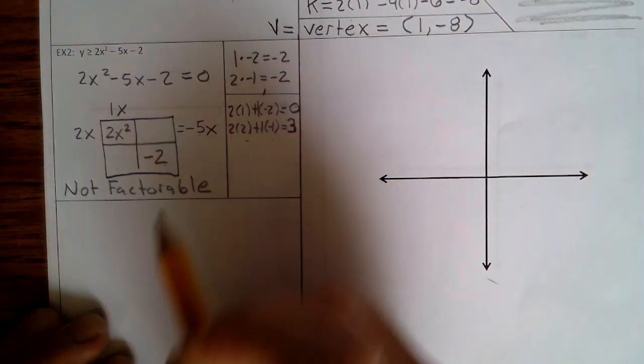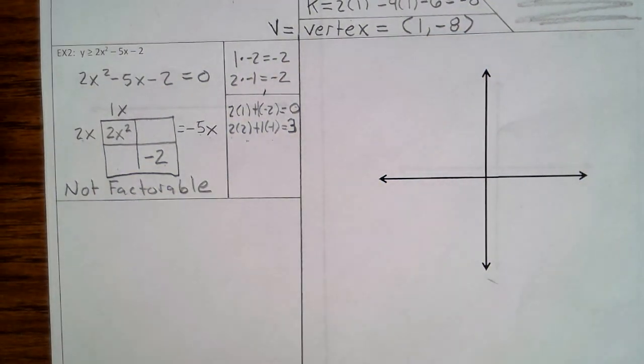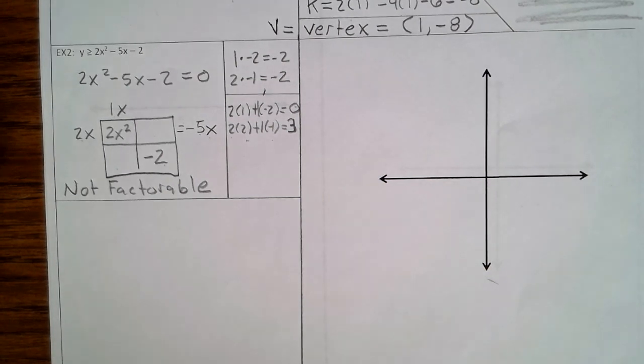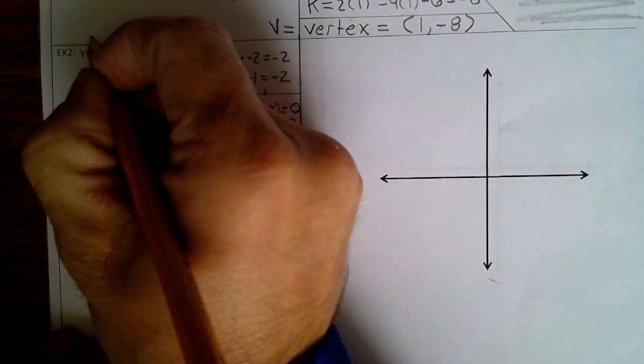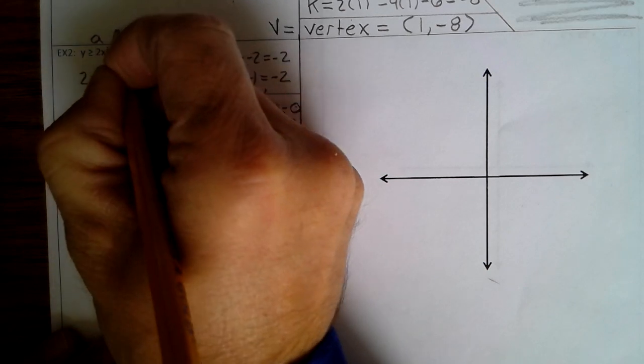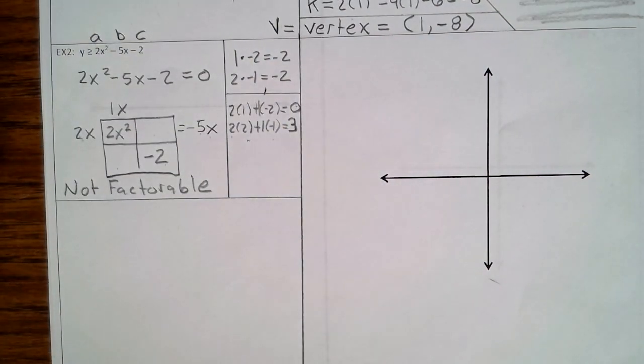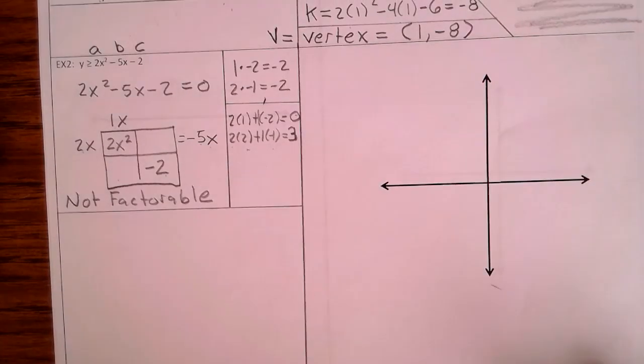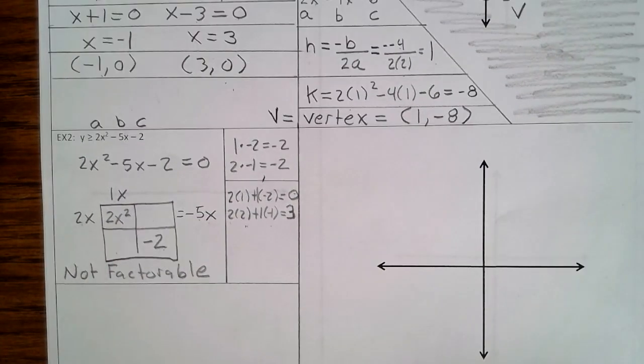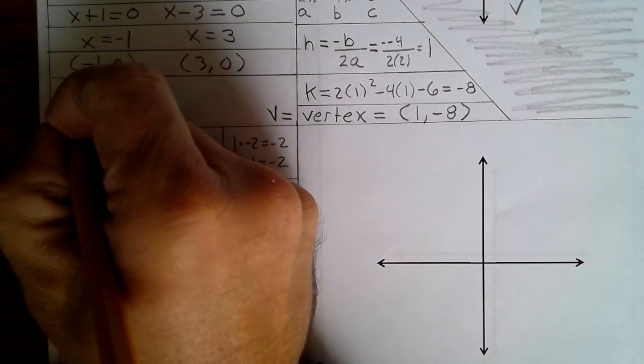Since it's not factorable, we're going to have to find the x-intercepts using the quadratic formula. So we need to come back here. This is A, this is B, this is C. Let's add the quadratic formula here since we have space.